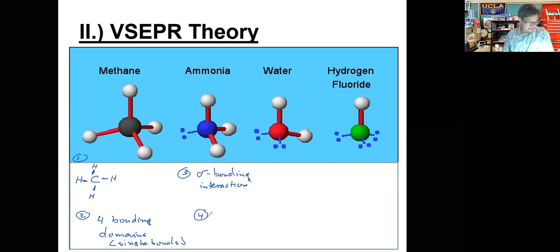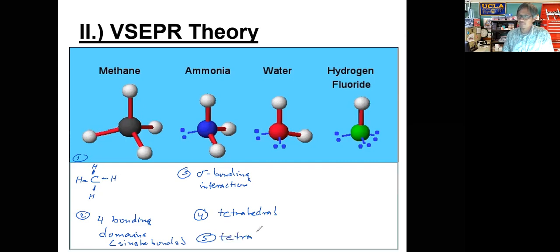Let's take a look at the electron geometry. We have 4 bonding domains, and so therefore the electron geometry is going to be tetrahedral. Because all 4 of these domains are bonding domains as well, the molecular geometry will also be tetrahedral.